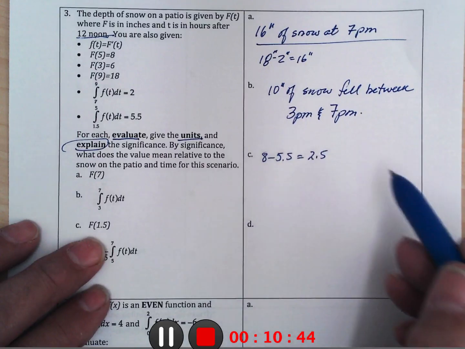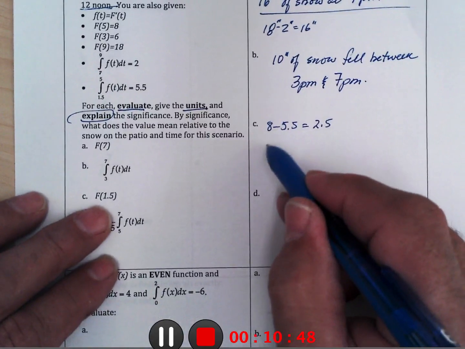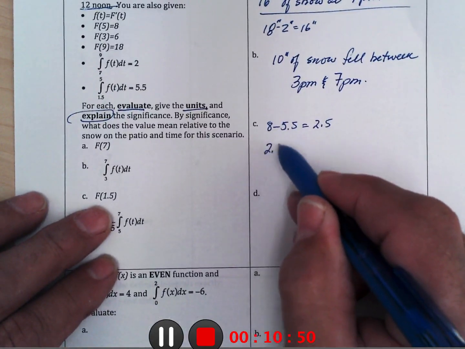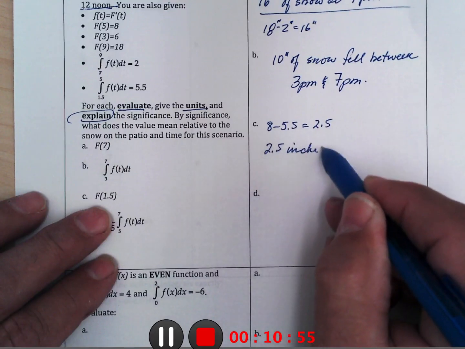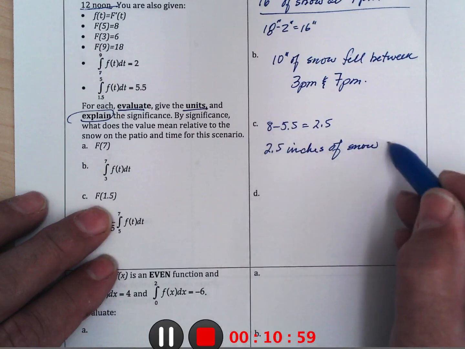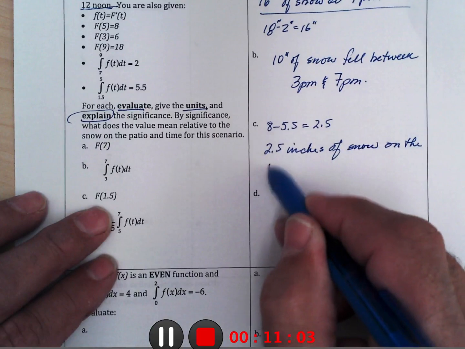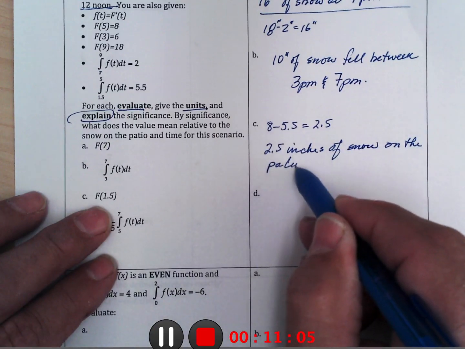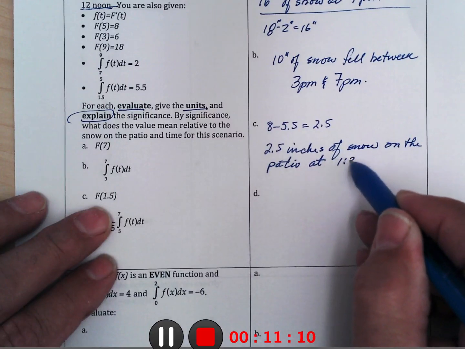So how much snow was at 1:30? 2.5 inches of snow. You can include on the patio if you want, at 1:30 p.m.